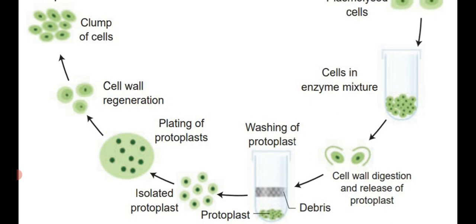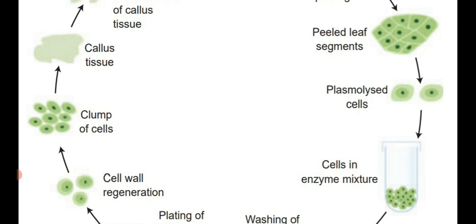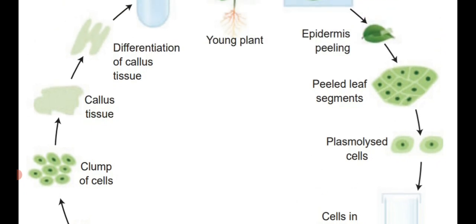These protoplasts are placed in a particular plate, that is cell culture plate. Around the protoplast, the cell walls are regenerated. Then a mass of protoplasts is produced, there are clumps of cells. From that, an unorganized, undifferentiated mass of cells is produced, known as callus tissue.